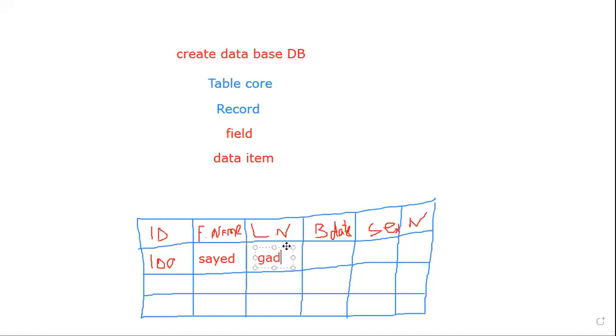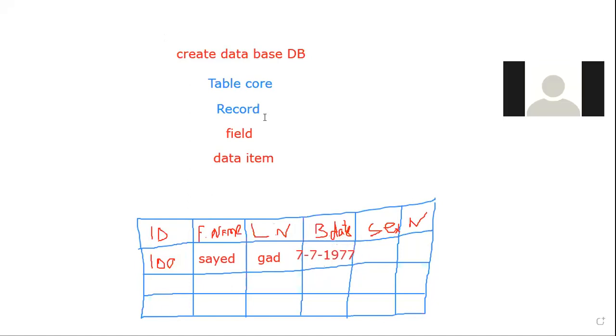Okay, birth date. My birth date is, for example, 7 7 1977, whatever. This is my birth date, and I will put it here.